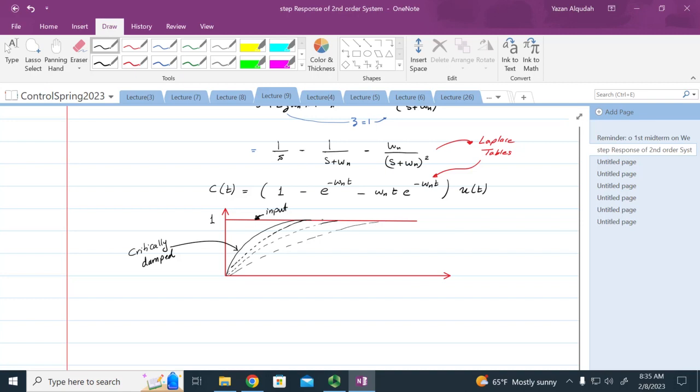So as we reduce zeta, the system is going to get faster and faster, till we have zeta equal to 1. Make sense? So this is zeta equal to 1.